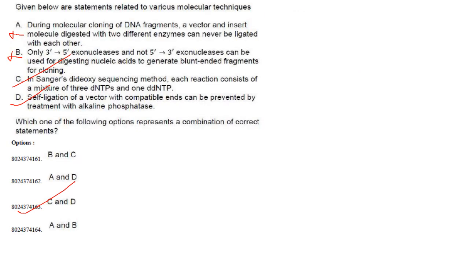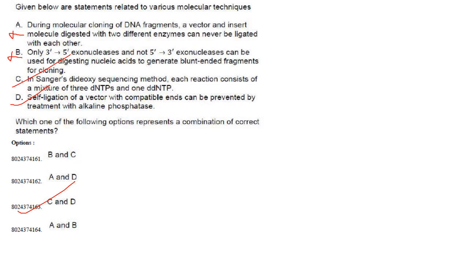Then next one. Given below are statements related to various molecular techniques. Which one of the following options represents a combination of correct statements? During molecular cloning of DNA fragments, a vector and insert molecule digested with two different enzymes can never be ligated with each other. They can be ligated, so that is not correct.